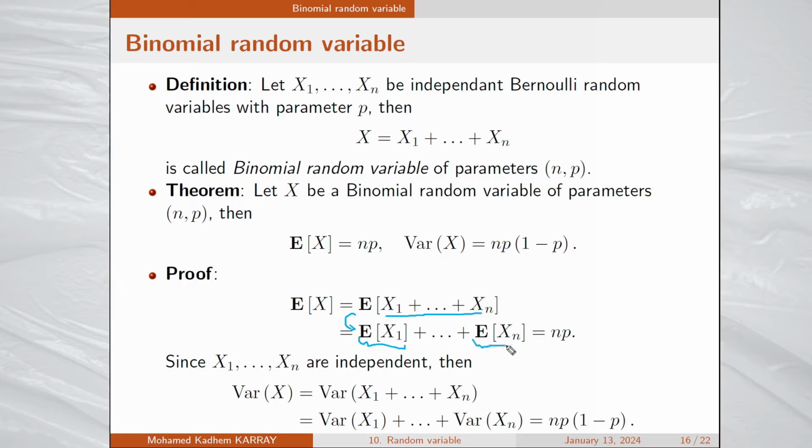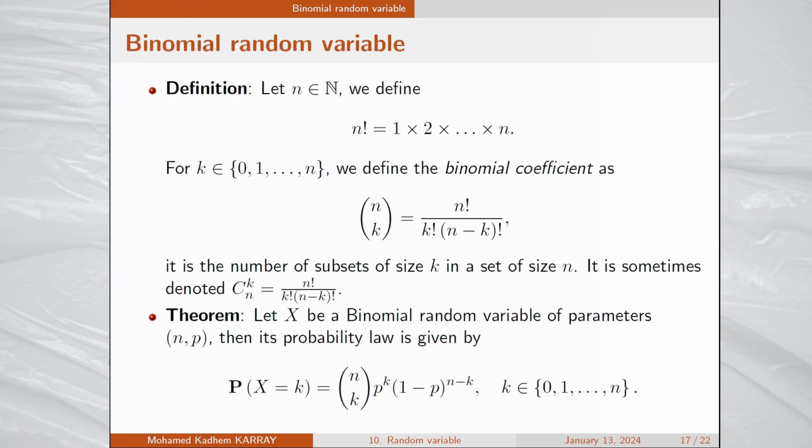But each of these terms equals p, so we get finally n multiplied by p. Now, since X1, ..., Xn are independent random variables, then the variance of the sum equals the sum of variances, but each term here equals p multiplied by 1 minus p. So finally, we get n times p(1 minus p).